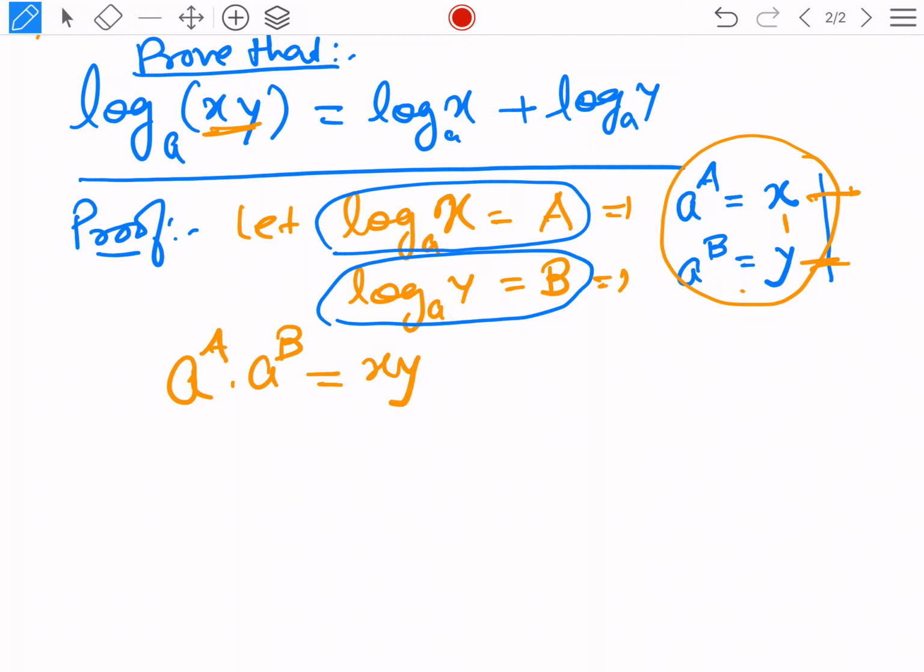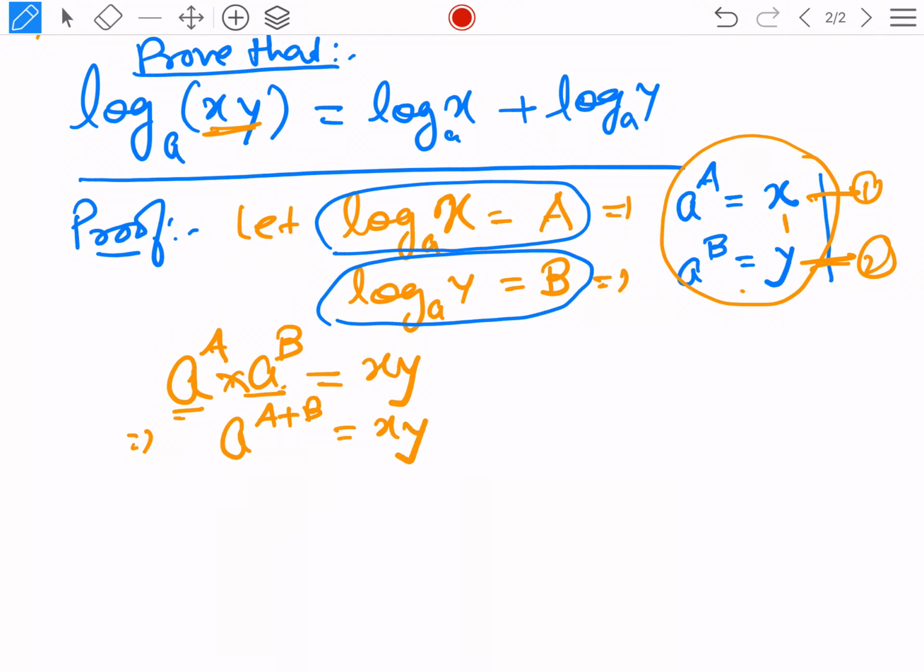Now using the theory of indices, a to the power of A plus B is equal to x into y.